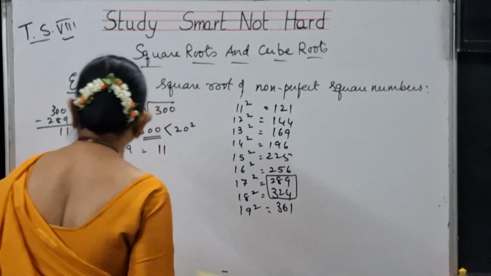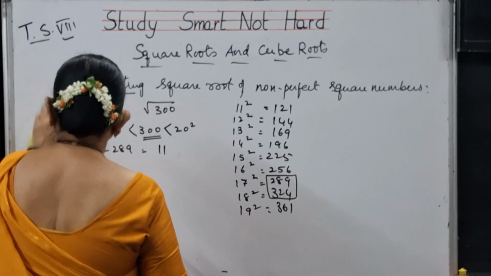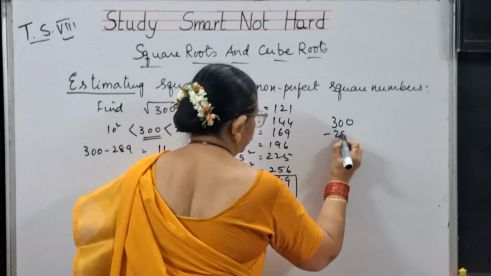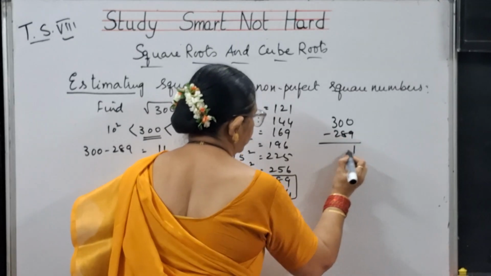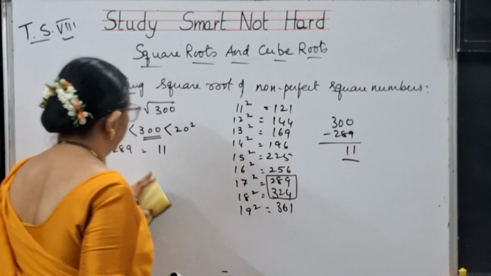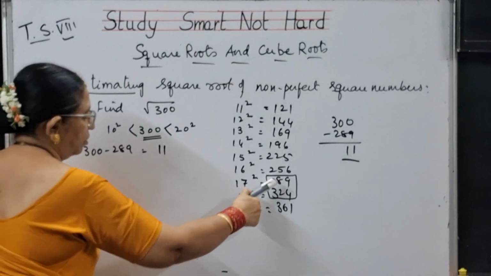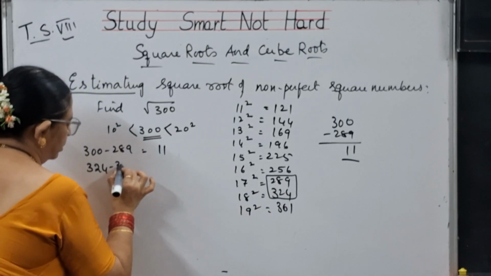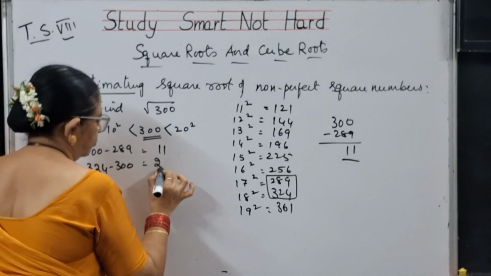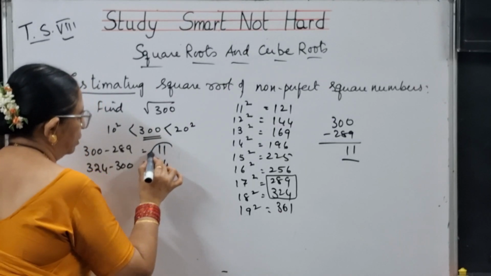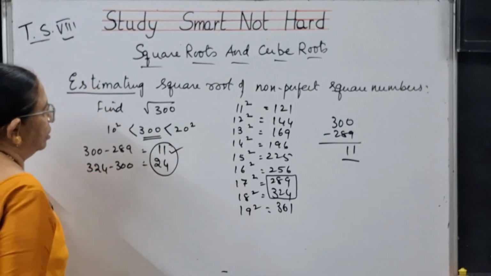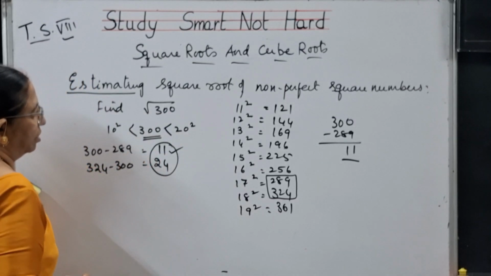Next value is 324. Of course, it is greater than 300. The difference is 24. So out of these two values, it is 11 which is smaller. So you have to take this 11.